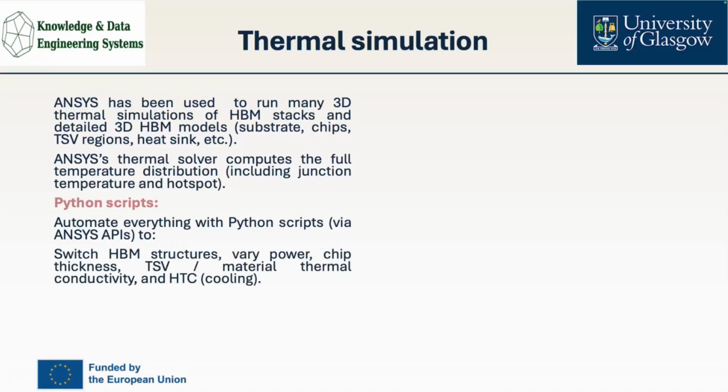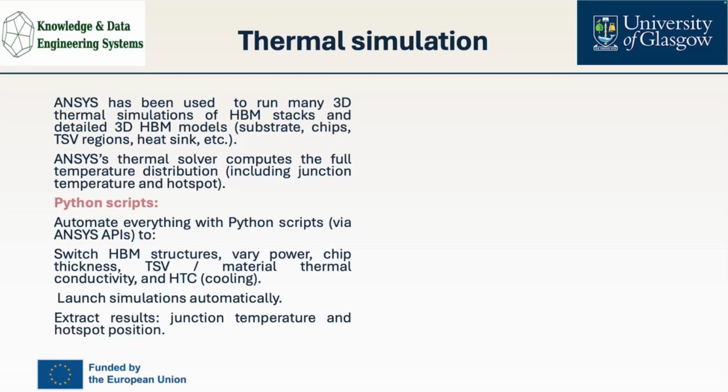For every iteration with Python, they switch the high bandwidth memory structure and also the power, chip thickness, TSV, material thermal conductivity, and HTC. Then they launch the simulation automatically. After that, they extract the results as junction temperature and hotspot positions.